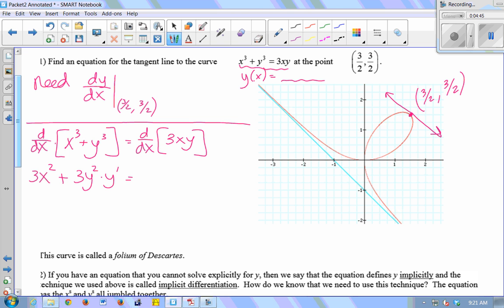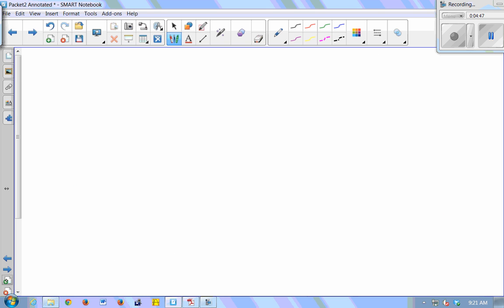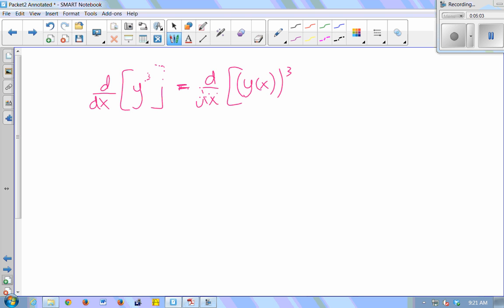It might be more helpful to think of taking d/dx not of just y cubed, but of y of x, cubed, because y is a function of x.